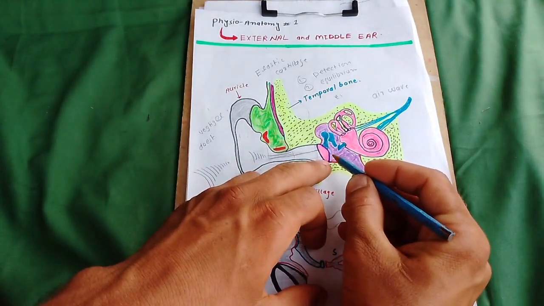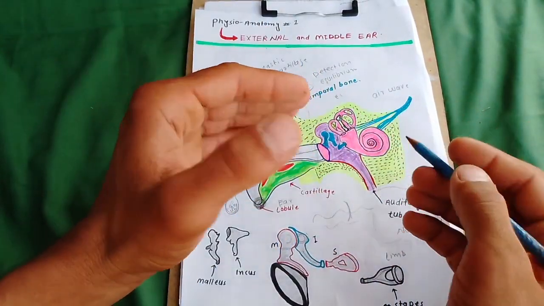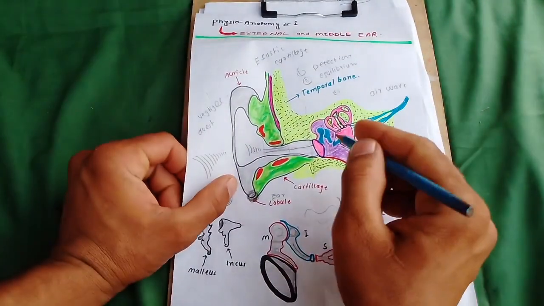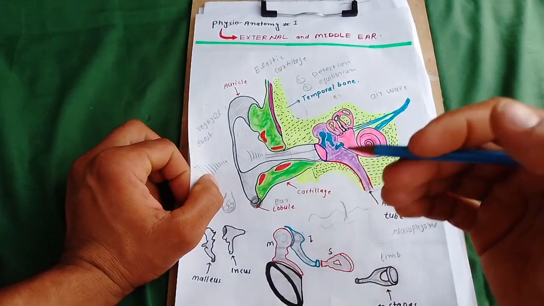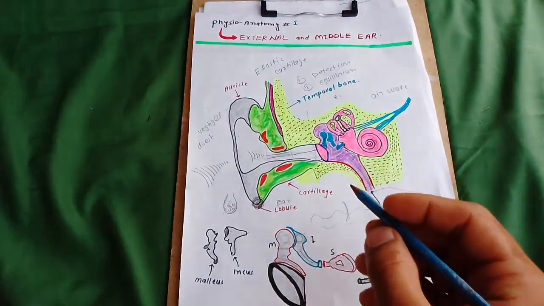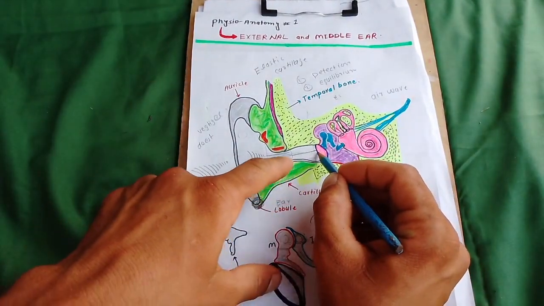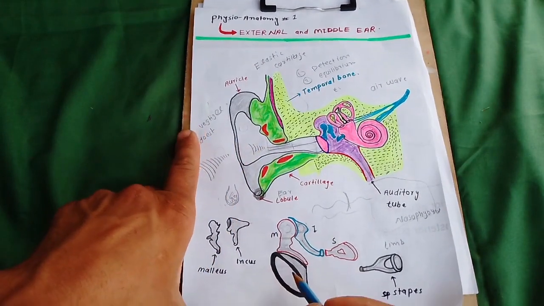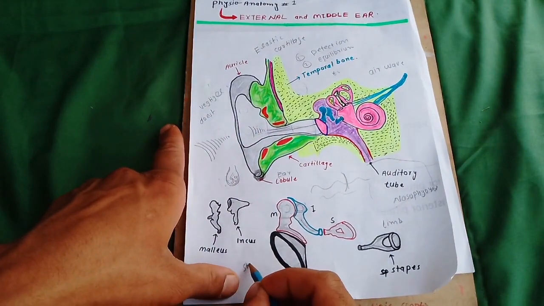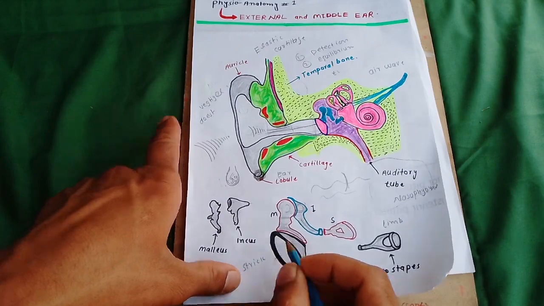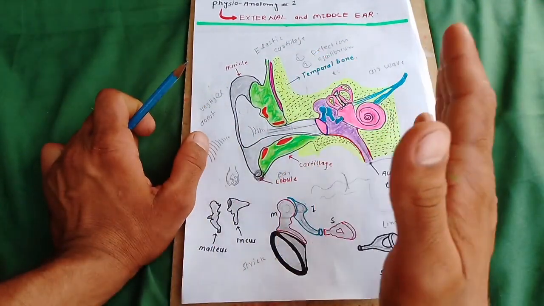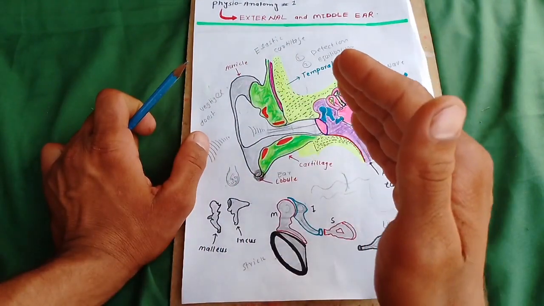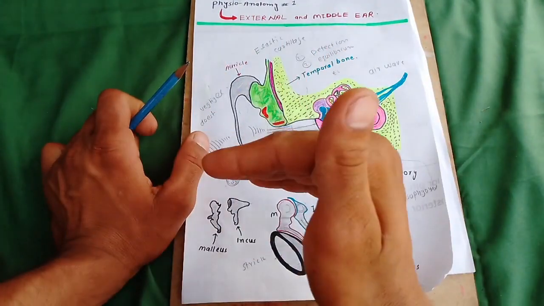But the middle ear converts the wave in the form of air into a solid wave. When the sound strikes the eardrum, the eardrum vibrates back and forth.